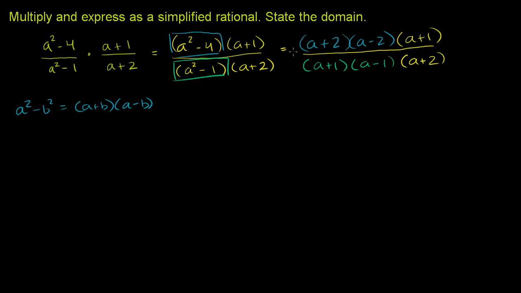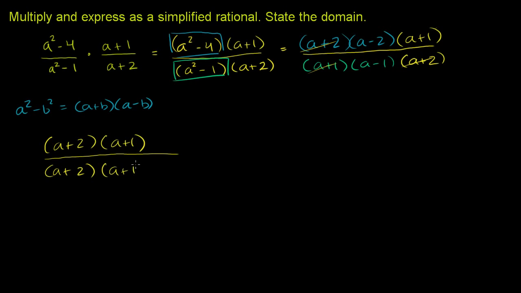So we've multiplied it, we've factored the numerator, we've factored the denominator. Let's rearrange it a little bit. Let's put the a plus 2's first in both the numerator and the denominator. In the numerator we have an a plus 1, and we also have an a plus 1 in the denominator.